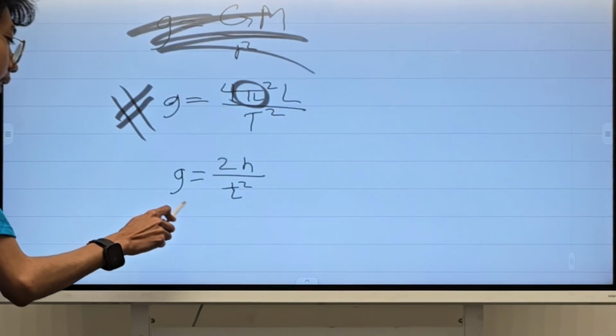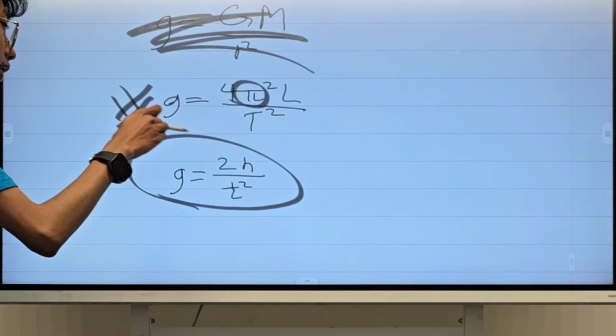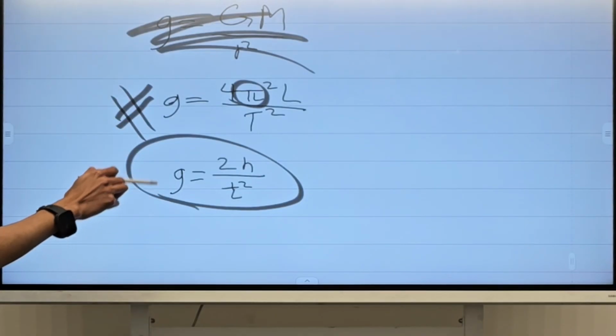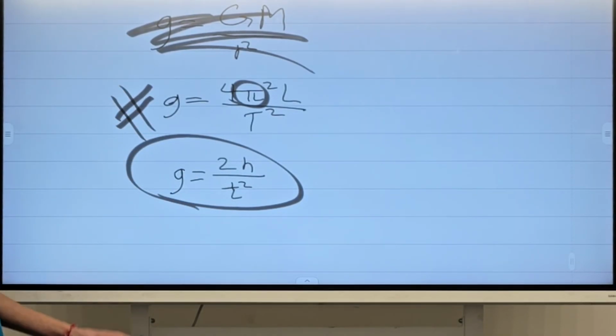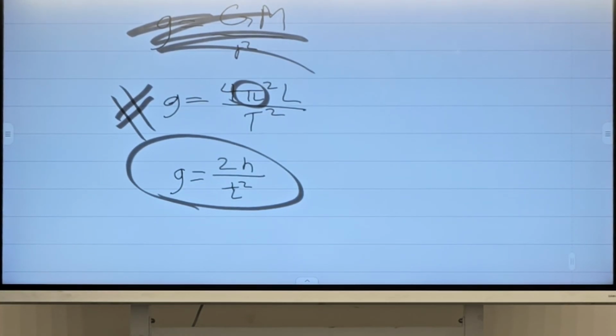And you might ask, oh, what is this equation? Well, this is the free fall equation. If you drop an object from height h and it takes t amount of time to fall, then g can be calculated from that, and we're gonna derive that. We're gonna figure out where this comes from, and we're gonna measure what g is by measuring the height, measuring the time taken for it to fall, and finding out what g is.